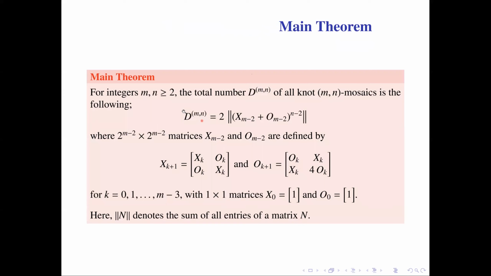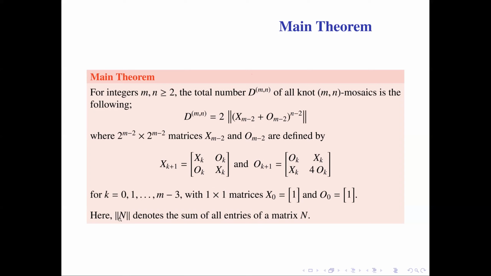Okay, next. Now, what is here is the main theorem of our study. For integers m, n greater than 1, the total number d_mn of all knot mn mosaics is given by 2 times the double absolute value of this matrix.